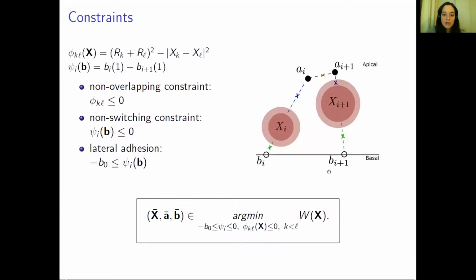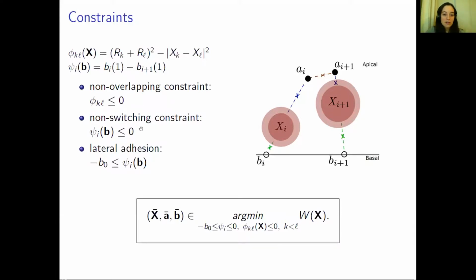Okay. So the constraints are the non-overlapping constraints between the hard core. Phi is given by the sum of the radius minus the distance between the centers. We want this to be negative, meaning that the two centers have to be farther than the sum of the radius.